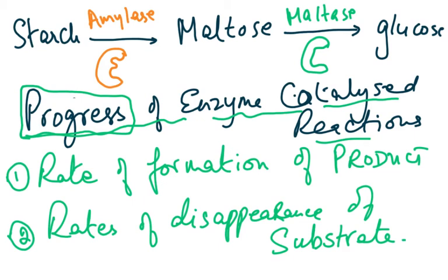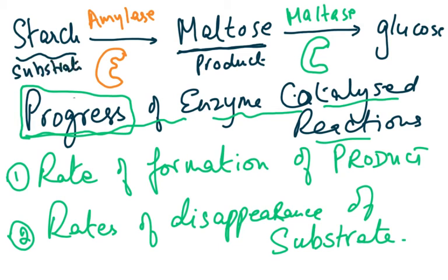So how do we study the progress of enzyme controlled reactions? Well, we have two methods. First of all, let's discuss a very important enzyme reaction, which is starch, and we're studying things at O levels. Amylase converts it into maltose. Maltose is the product, amylase is the enzyme and starch is the substrate.